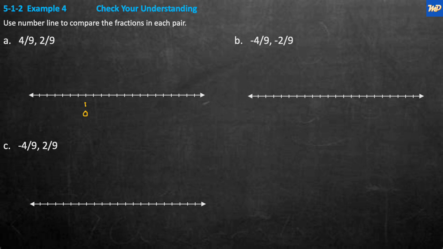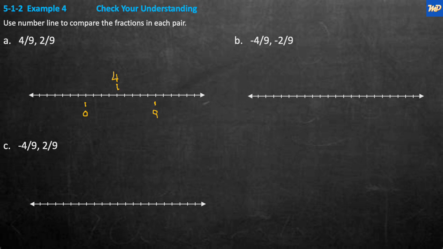That 9 right here is 9 for the ninths. If we were going to 1, this would be our 1 right here, right? So we're going to start here at ninths. All of these are ninths in here, and we have 4/9. 1, 2, 3, 4. Here's the 4/9, and here's the 9/9 right here.